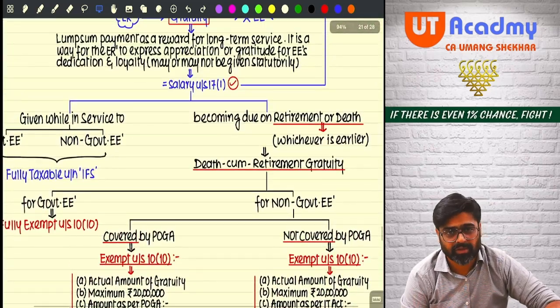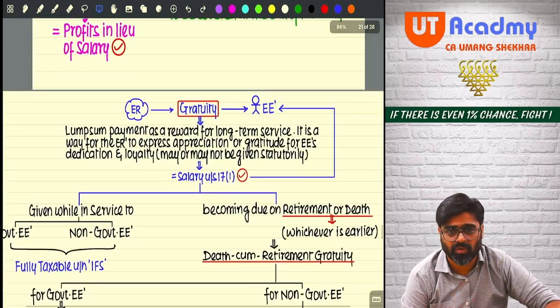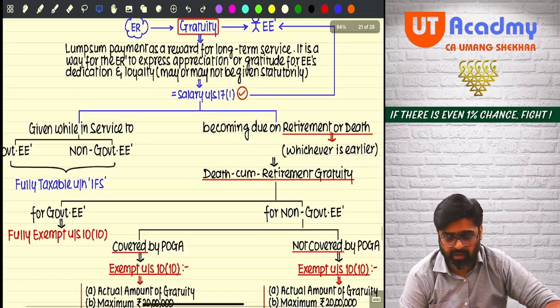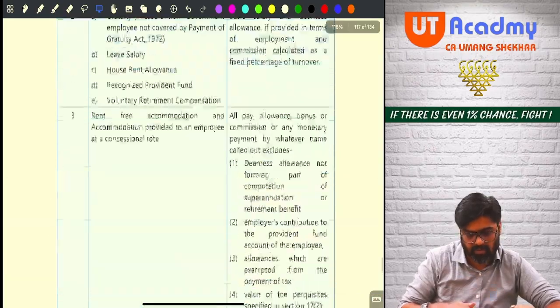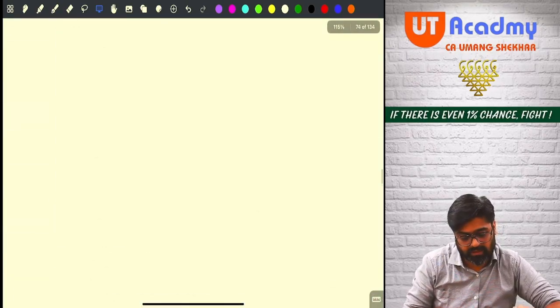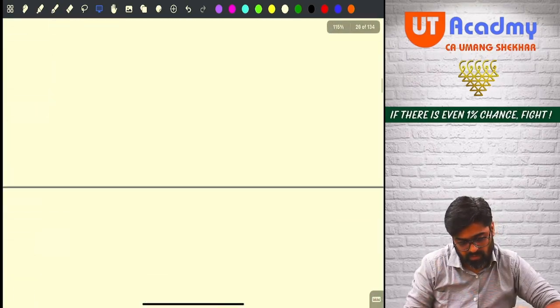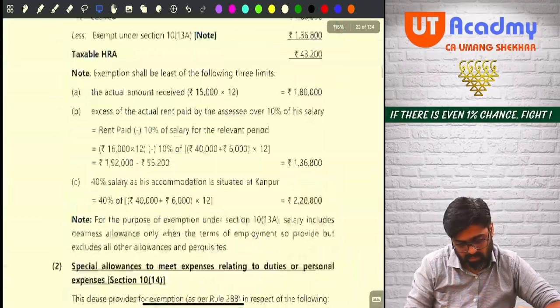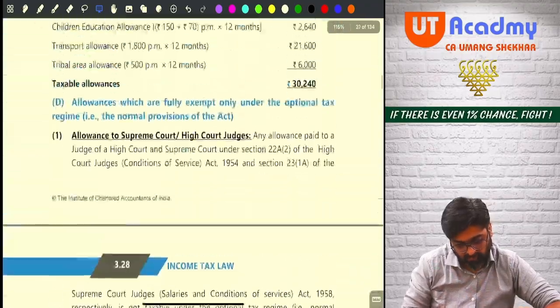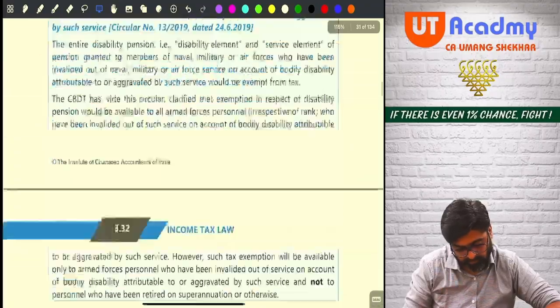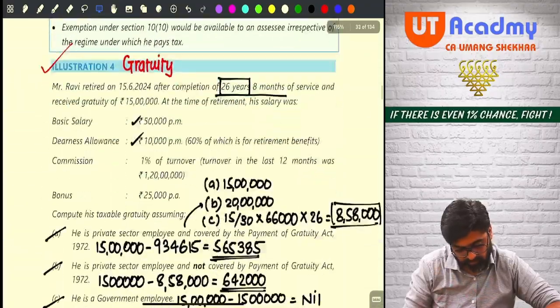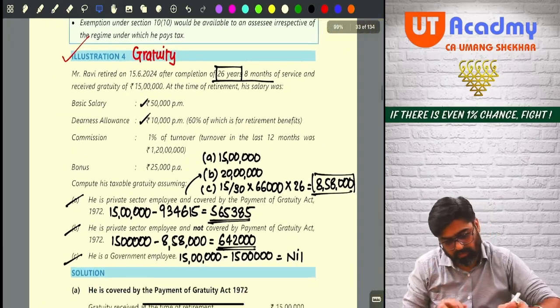Now one question we'll see on gratuity, then we'll come to know how much we have understood. Okay? Come to one question. Question number 4, if I'm not wrong. Illustration number 4. This is on gratuity.